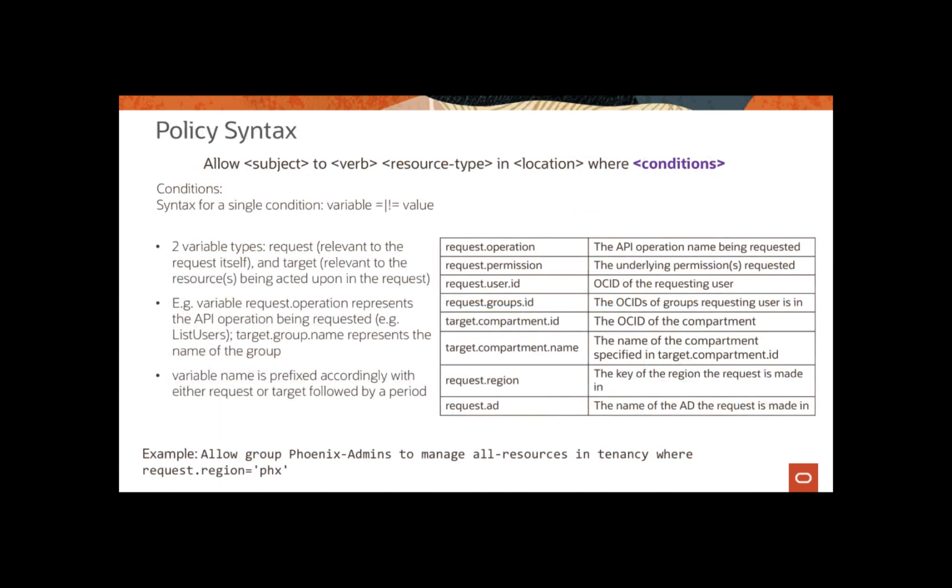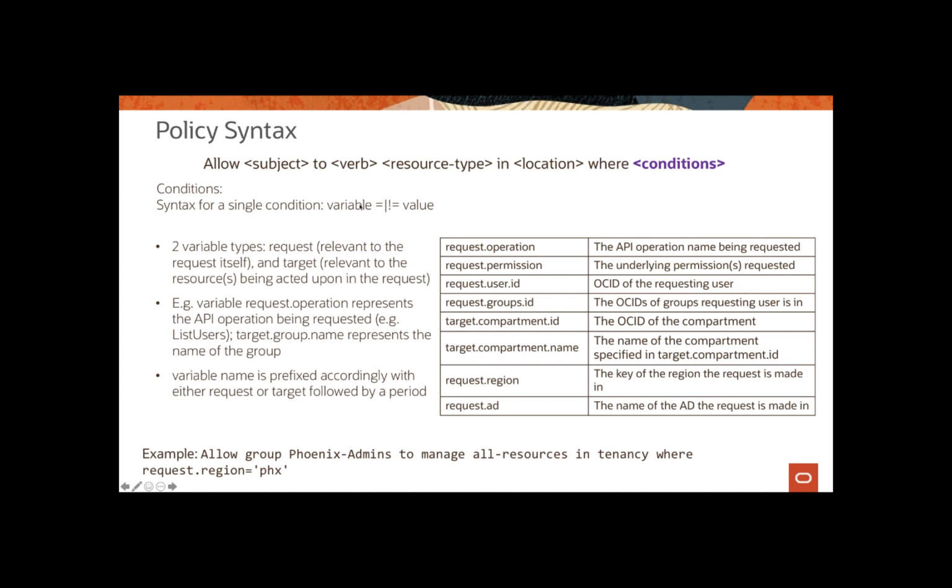All right. So now let's get into the details of the where conditions. After the where keyword, you need to specify a condition. The condition itself has two parts: a variable and a value. So you write variable is equal to value, or variable is not equal to value.